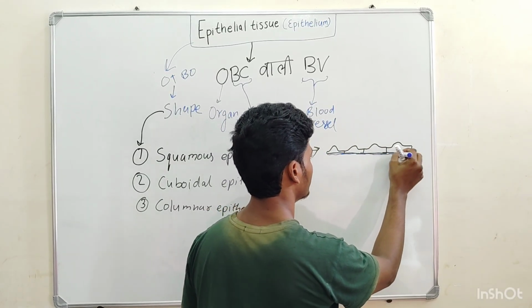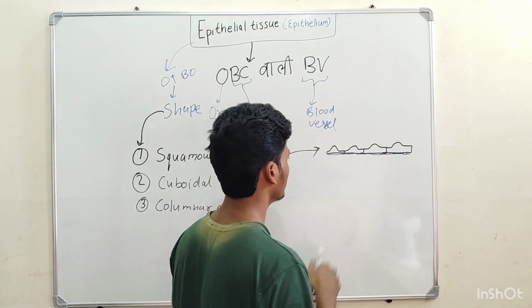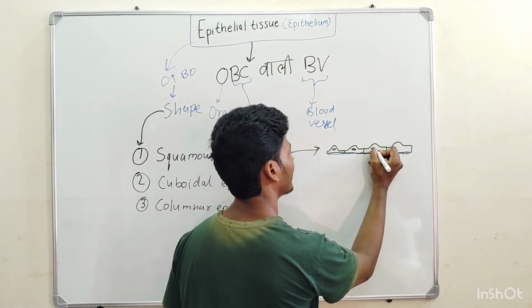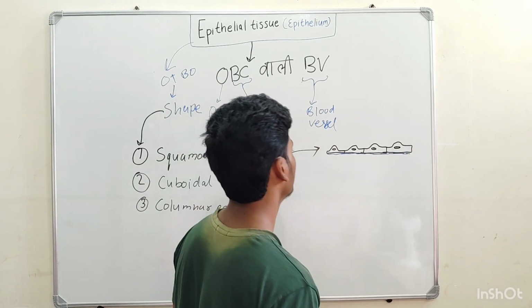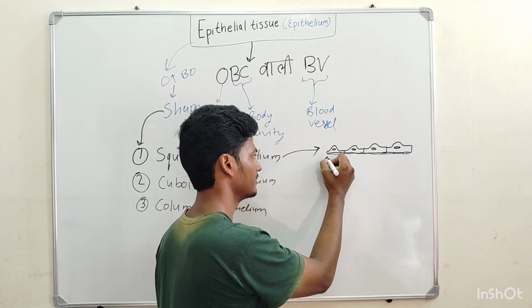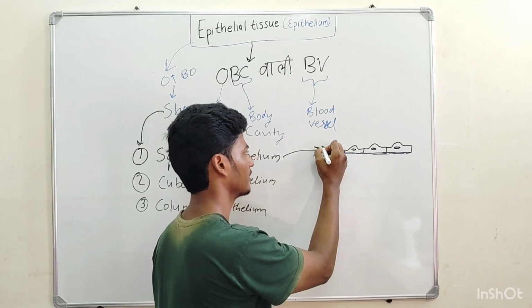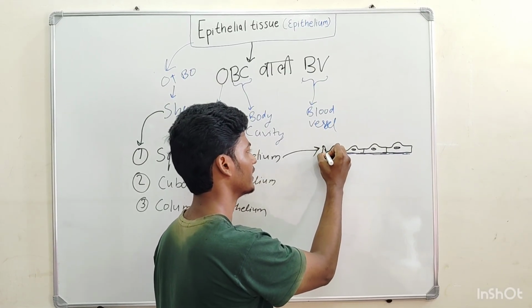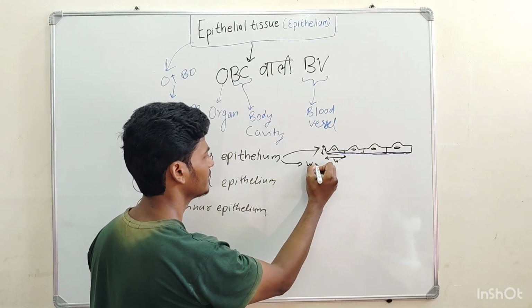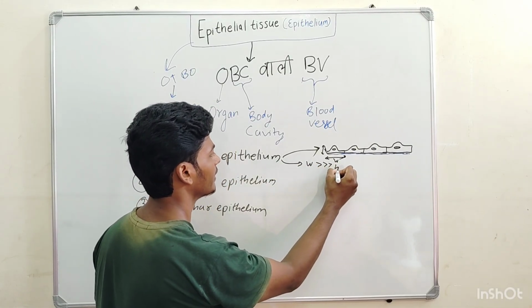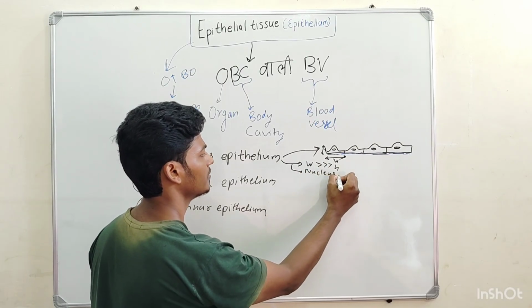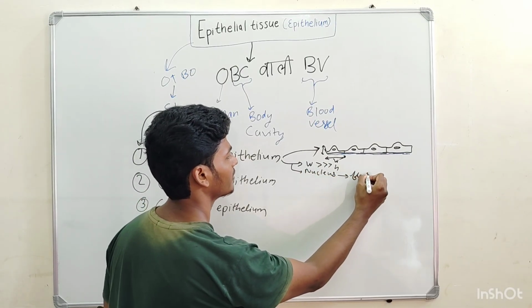So this is the basement membrane, okay, and its nucleus is also flattened. From the shape, you can see the width is more than the height. In the squamous epithelium, width is more than the height, and the nucleus is flat.